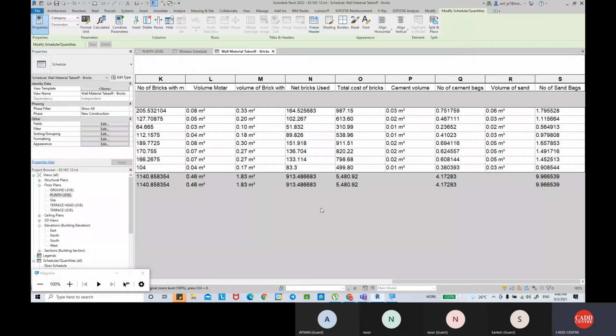Now in cement, if you want to add some percentage of wastage, and even in sand, you can add that as well. You can add plus 10% or 5%. 10% would be too much for cement, but 5% is okay in cement and 5% in sand as well. Many people take 10% in sand.